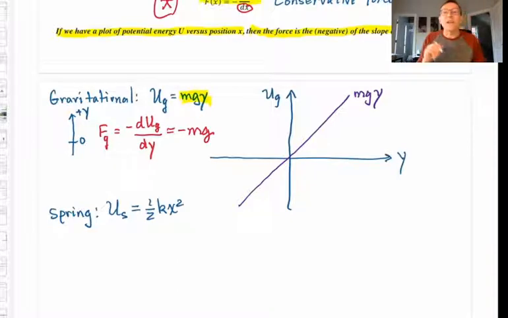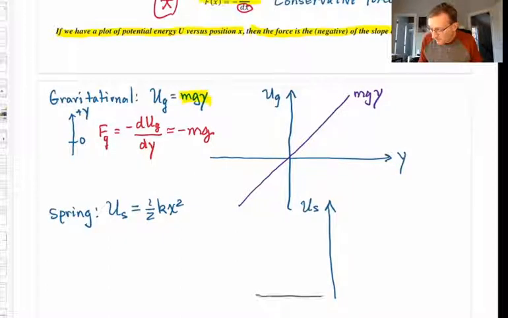Let's draw the potential energy curve for the spring case. So now we plot U spring on the vertical axis and x on the horizontal axis, because our block, our particle, is moving along the x-axis in this case. x equals 0 is equilibrium.